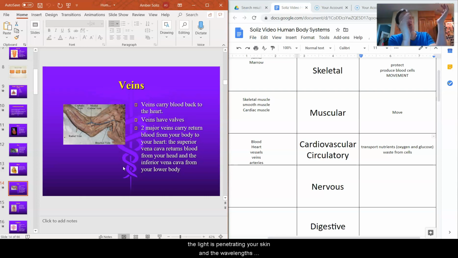The wavelengths that are entering your skin to see these blue veins, like in your wrist, the way it's reflecting back to you, you're only seeing the blue wavelengths because they're not as efficient at penetrating the skin, which is kind of interesting. So the reason it's the color blue is because of the way the light's hitting it. Your blood is actually still red in those veins, even though you see blue. So that's kind of been a common myth.